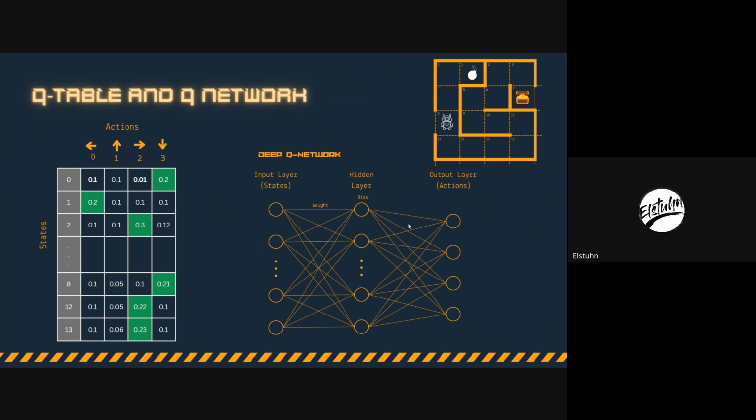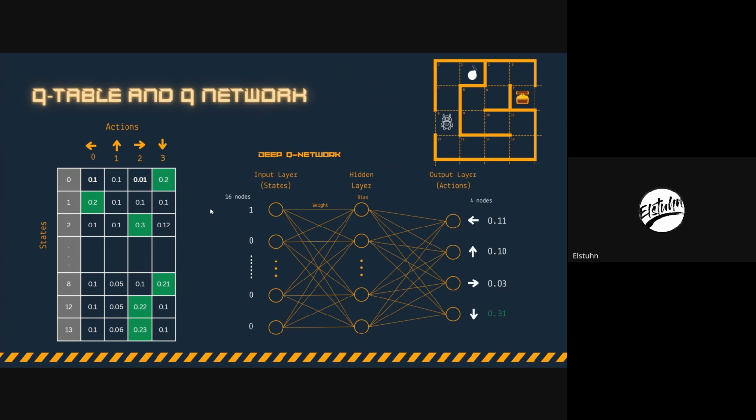So the best action is 3, which is going down. If the agent is right here, it will go down, because if it moves towards the right, it will die. Following this Q table, the agent will eventually go towards the treasure chest and complete the challenge.